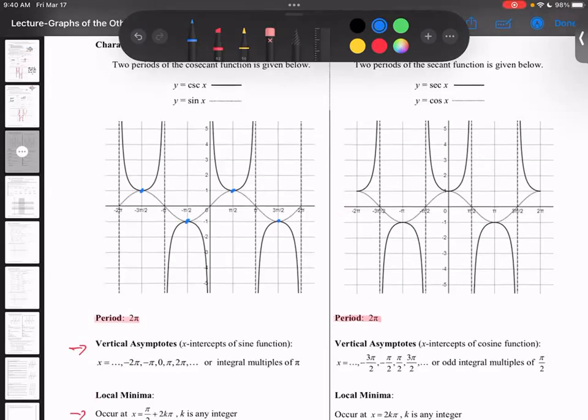How come the local maximum is lower than the local minimum? I'm talking about the graph. I'm just looking at that U-shaped graph. That's considered local. That's why I say the word local. I'm not saying global. I only care about around this neighborhood. Same thing for secant: local max, local min, local max, local min.